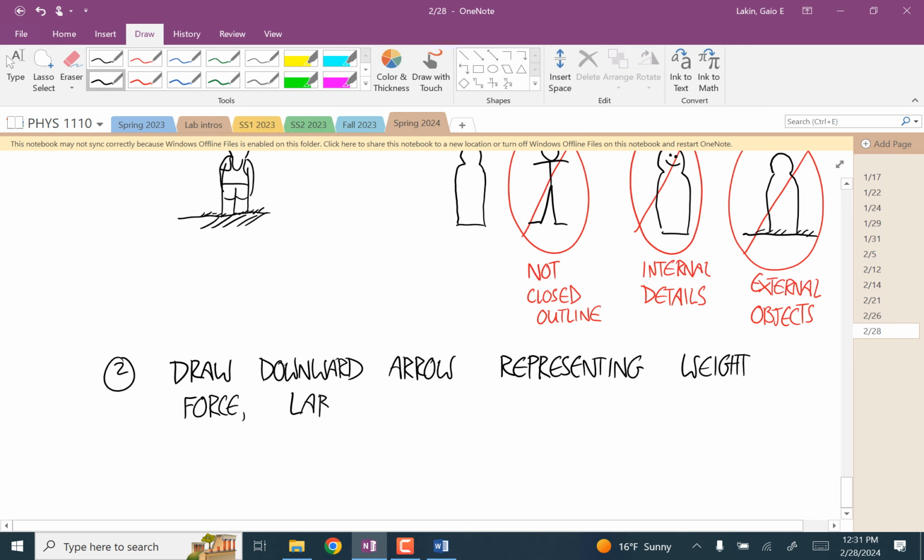And label this downward arrow either mg, which is fine to write, or with the numeric weight.